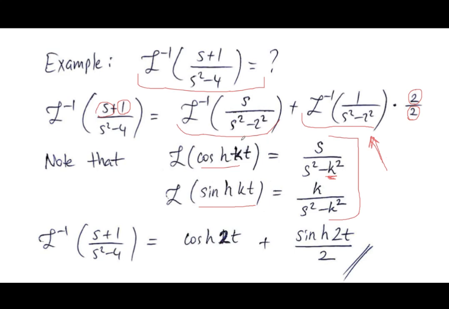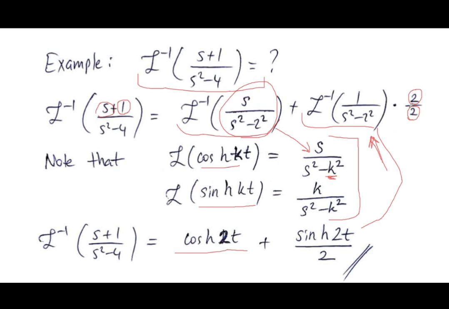You can make the analogy easily. For example, here we have s over s squared minus 2 squared, and it looks like this one, right? So that corresponds to hyperbolic cosine 2 times t. And then for this expression here, what do we have?